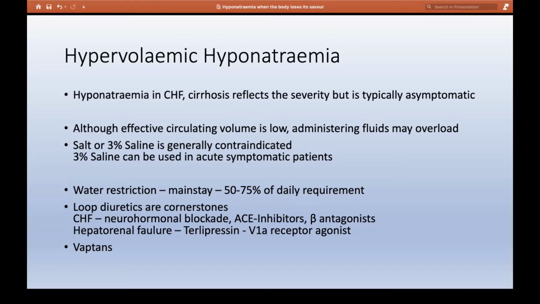If the patient is symptomatic, then you can give 3% saline to control the symptoms of seizures or confusion. But don't use salt or 3% saline injudiciously.